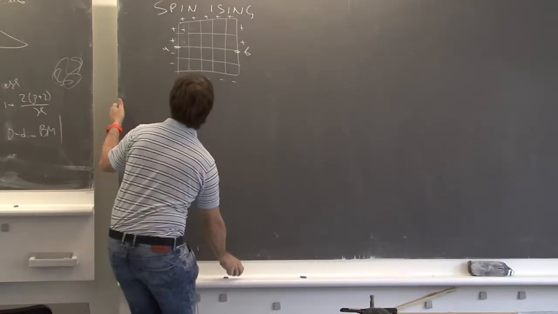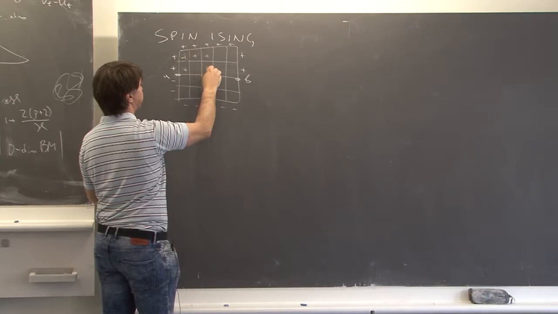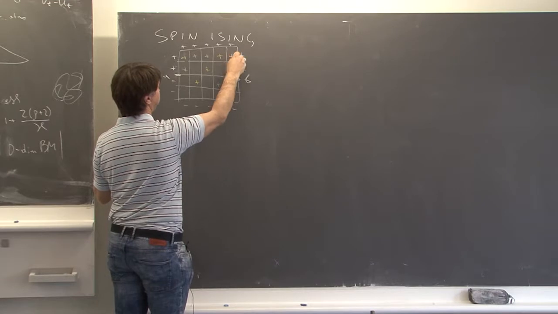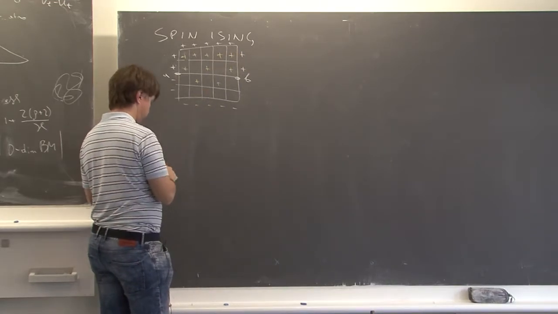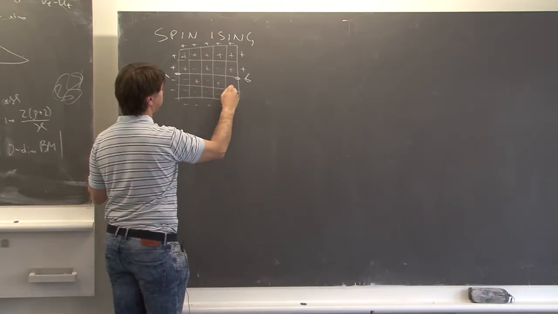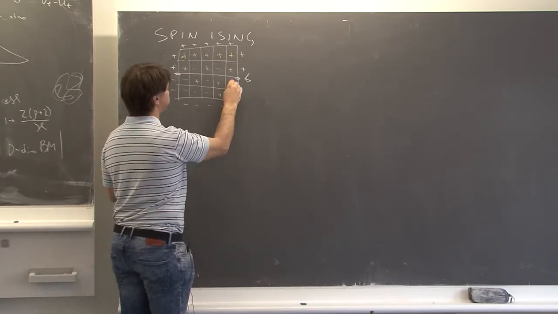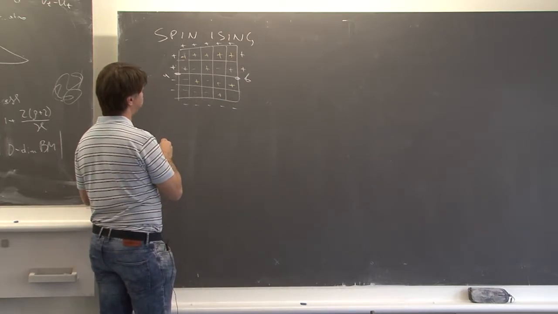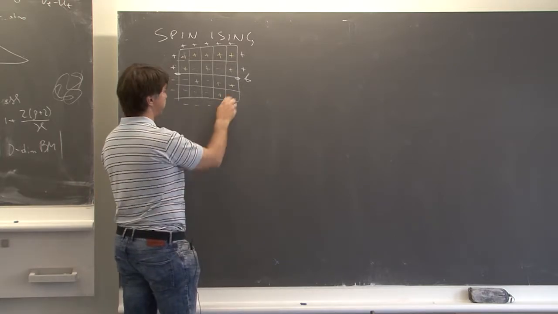And then inside you have some configuration of pluses and minuses. So for example, something like that. So this generates a bunch of loops. So in this particular picture, there is only one loop.